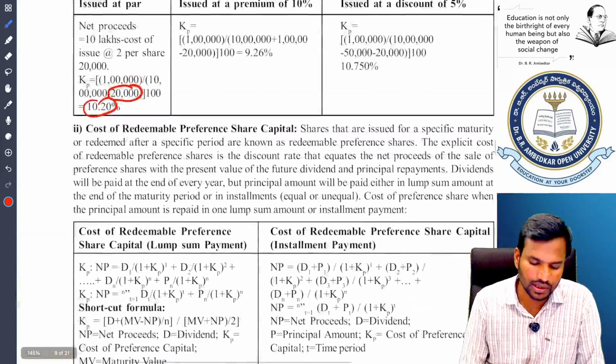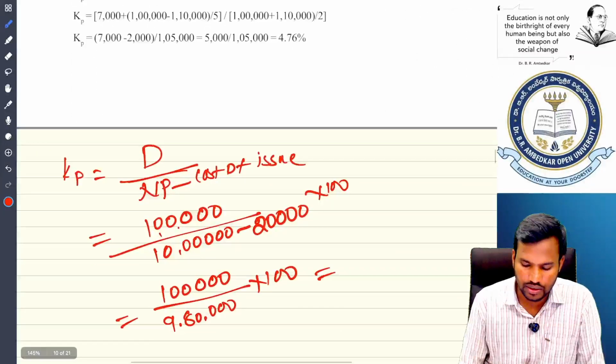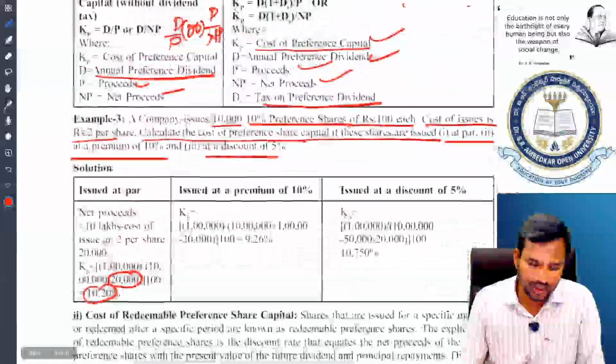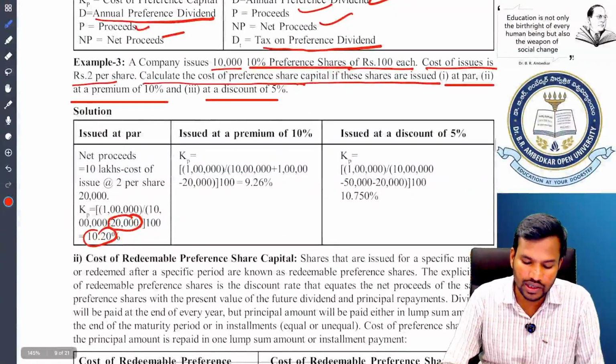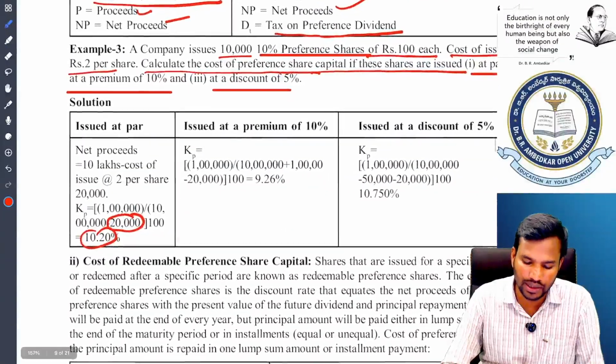Then how much percentage will become? 10.20 will become when issued at par.